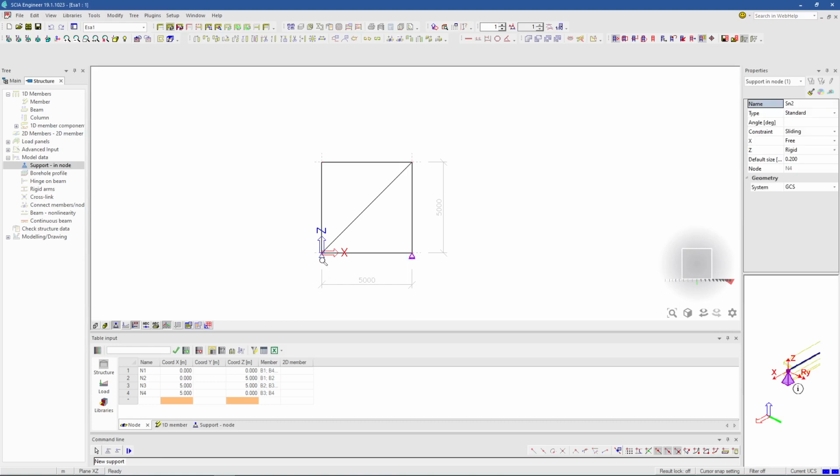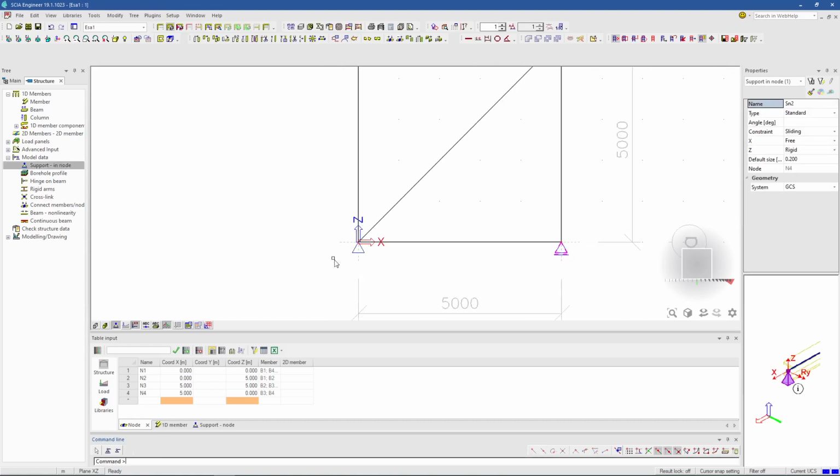So in doing this, we'll have three reactions. So our members are stable. So this is a stable structure.